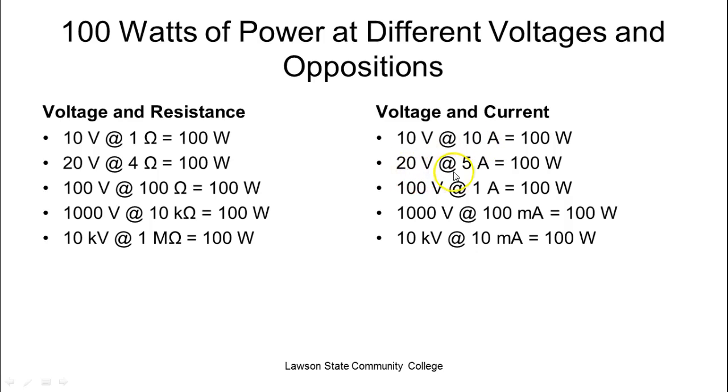To deliver 100 watts at 20 volts, it would only take 5 amps. To deliver 100 watts at 100 volts, it would only take 1 amp. To deliver 100 watts at 1,000 volts, it would take 100 milliamps. And to deliver 100 watts at 10,000 volts would take 10 milliamps.